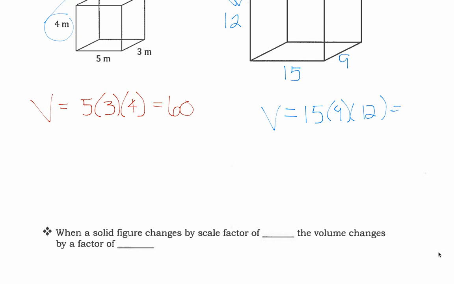So the volume did not increase by a factor of 3. The volume did not turn into 180, which would have been 60 times 3.